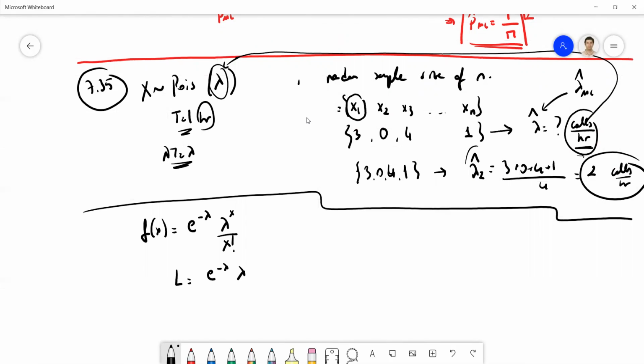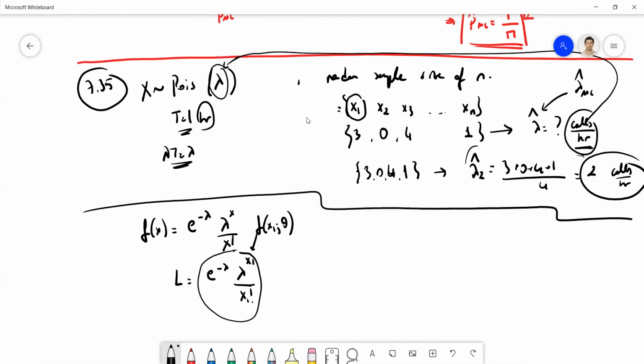But here I would like the general answer, so I'm going to leave it x1 factorial. This is going to be the probability of x1 calls given the theta parameter. Note that I have that additional theta put here just to remind you that this is slightly different.